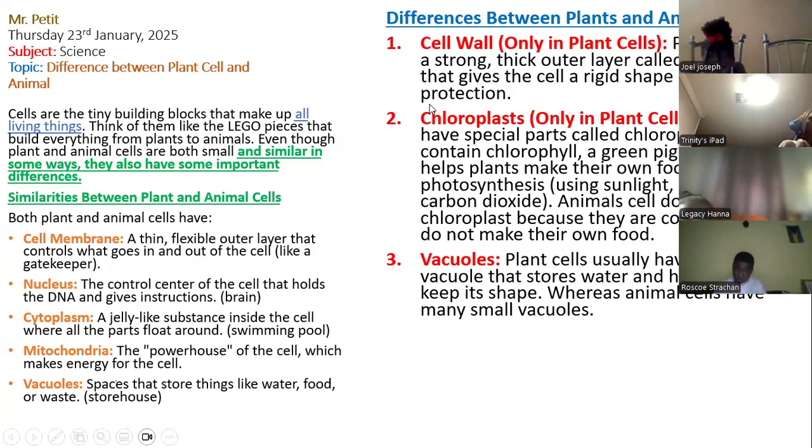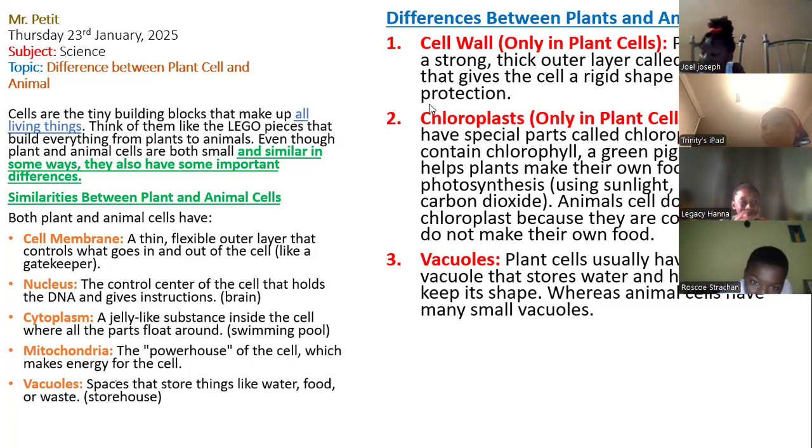Roscoe, what are the differences between the plant cells and animal cells? I can't hear you. You're very muffled. You have to get that fixed. I don't know why it's like that. What did you do?